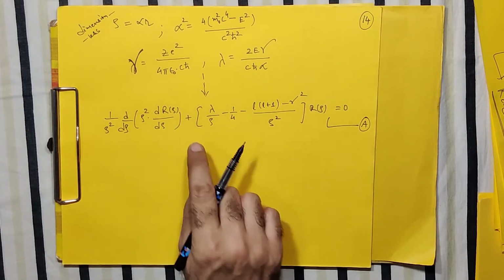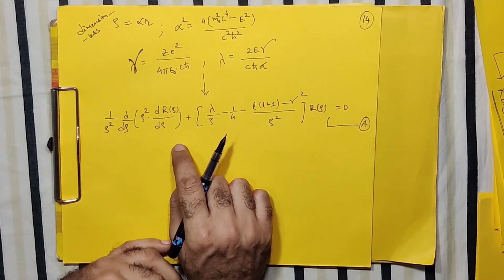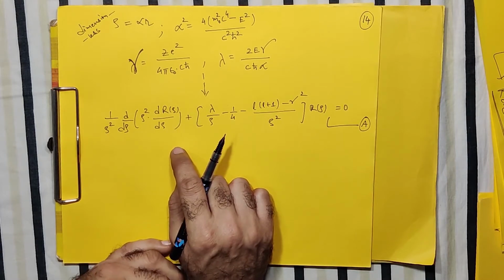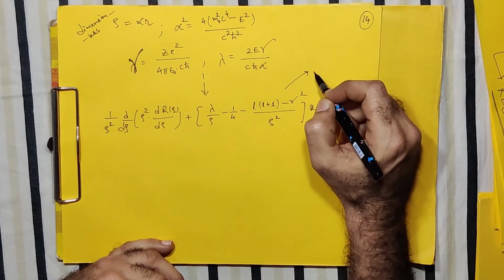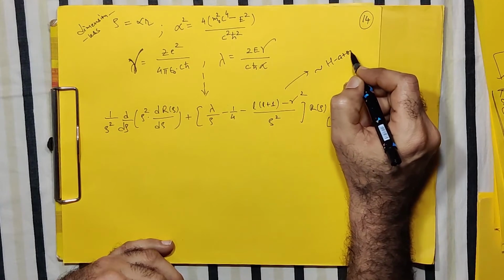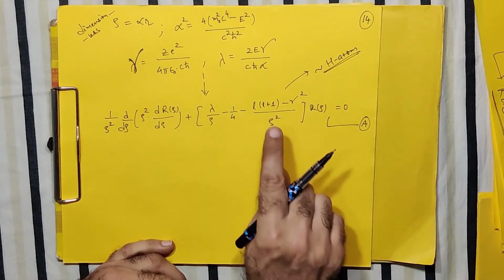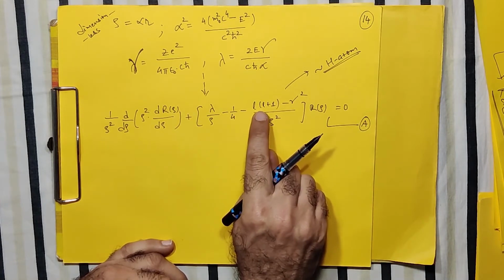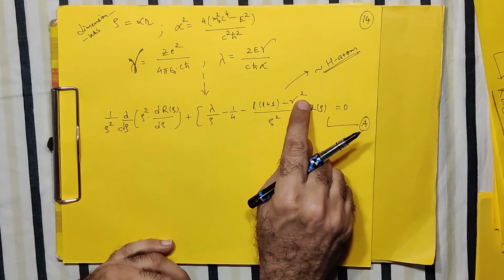Again, you can see this is the same equation analogous to your hydrogen atom problem. Those who have solved this hydrogen atom problem with non-relativistic formalism, then this is analogous to your hydrogen atom problem. It's like hydrogen atom equation. Only difference is that instead of L into L plus 1, now we have a presence of gamma square.